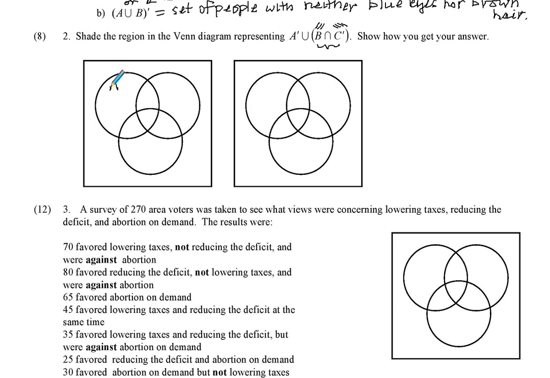Let's call this A, B, and C. And then we're going to take B and shade like this. So here's our set B.